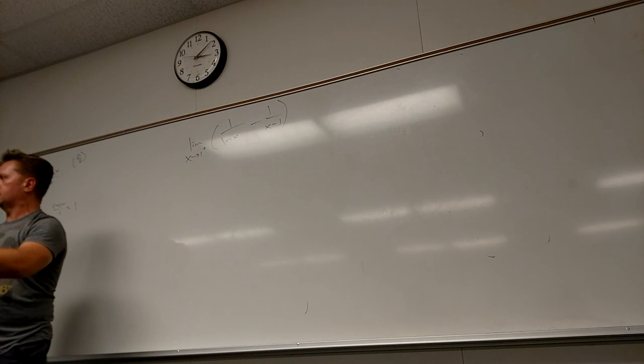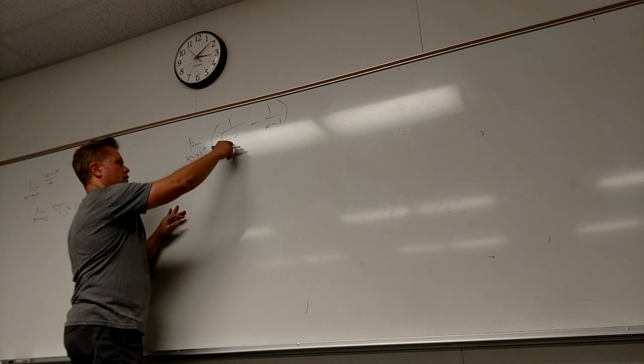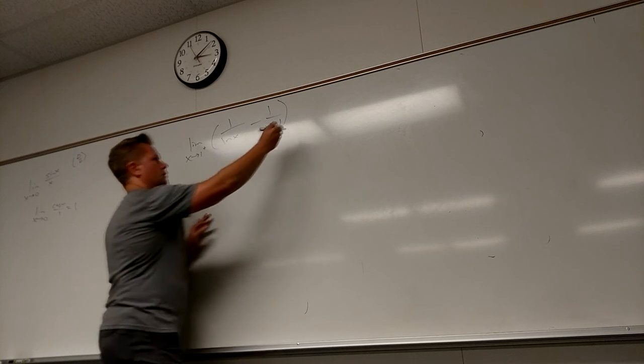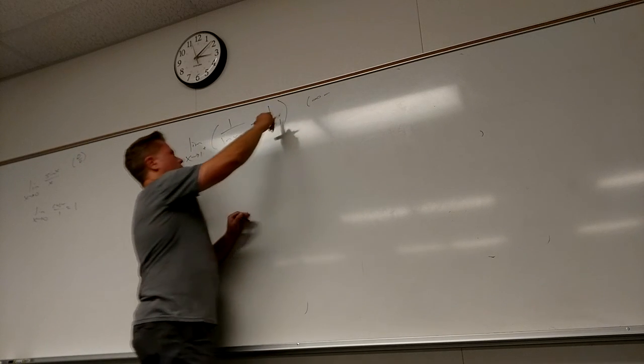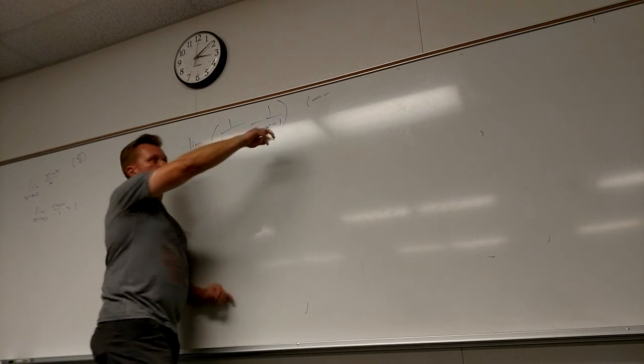What's the log of any log of 1? 0, because how do you get 1? You raise something to a 0 power. So any log of 1, 0. Okay, so that'll be 1 over 0, which is trying to be infinity. And this will be 1 over 0, which is infinity.